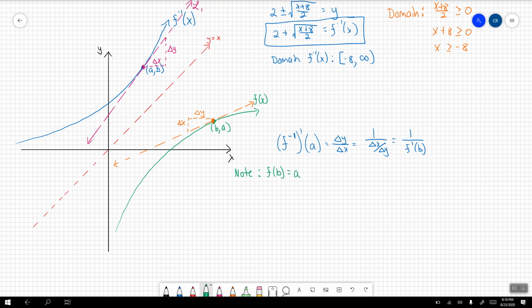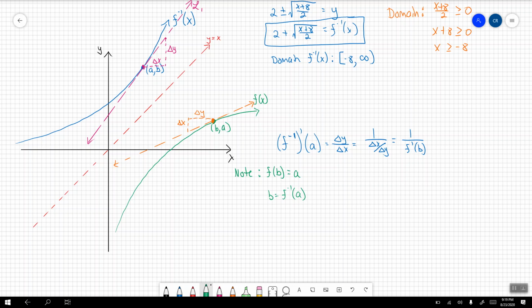Well, what does that mean when I'm looking at the inverse function? That means that any time we take any b value, we will get the inverse function evaluated at a.